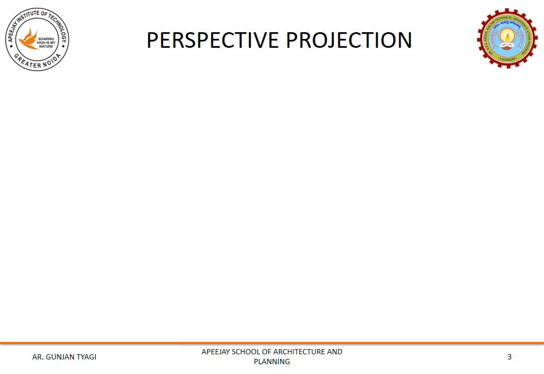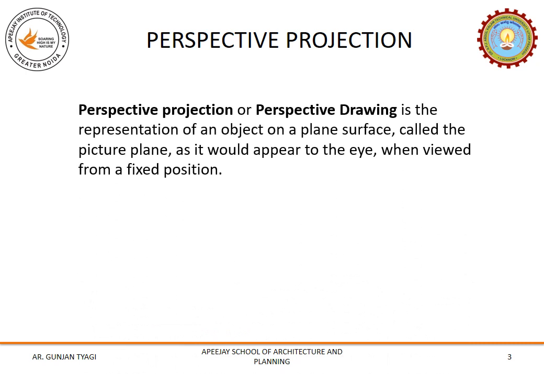So let us now understand what a perspective projection is. Perspective projection or perspective drawing is the representation of an object on a plane surface called the picture plane as it would appear to the eye when viewed from a fixed position. So when you look at the object in a perspective drawing, it is represented on a plane surface called the picture plane.